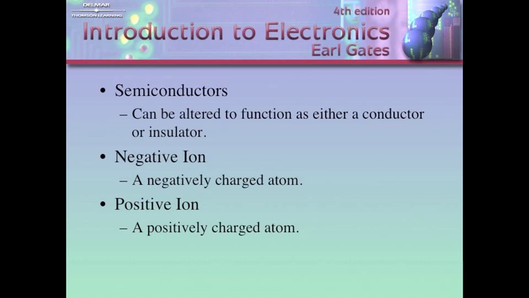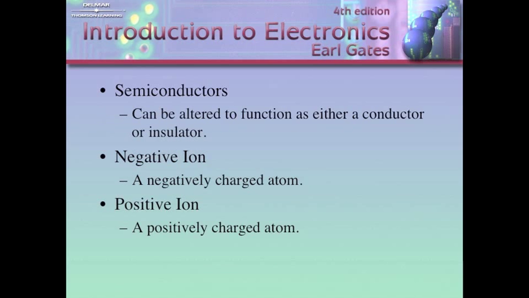A semiconductor can be altered to function as either a conductor or an insulator. This is what makes diodes, transistors, all of these sorts of components. They're components that could be influenced to either be a better conductor or a better insulator.